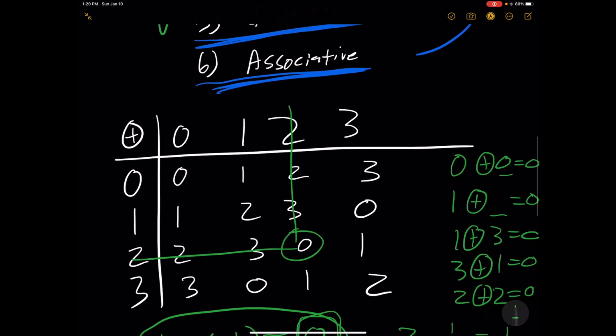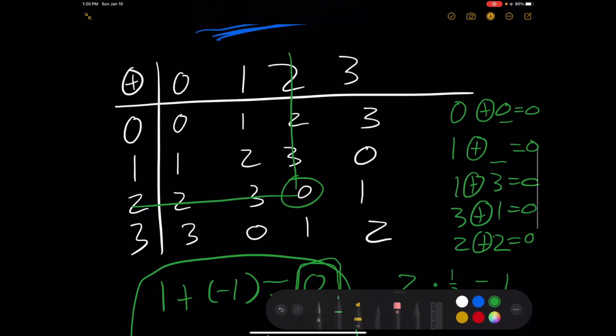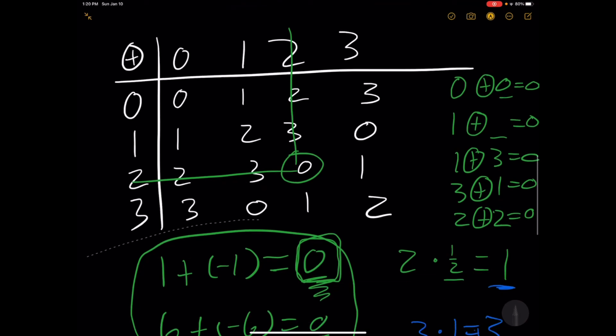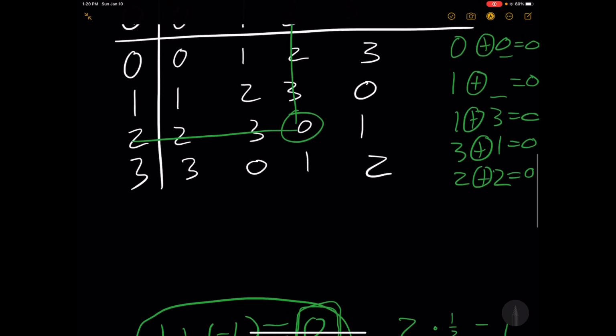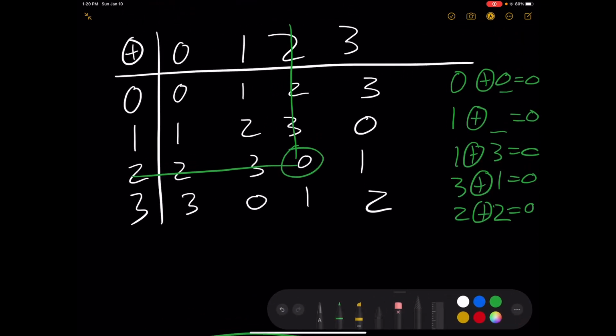Let's see if it's associative. And let's spread this out a little bit. And let's see if we can prove associativity for a set of the elements. What's associativity?